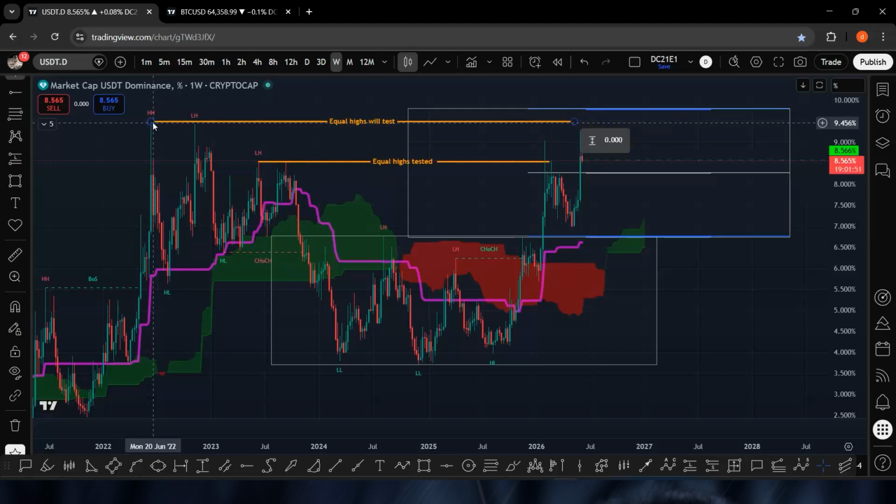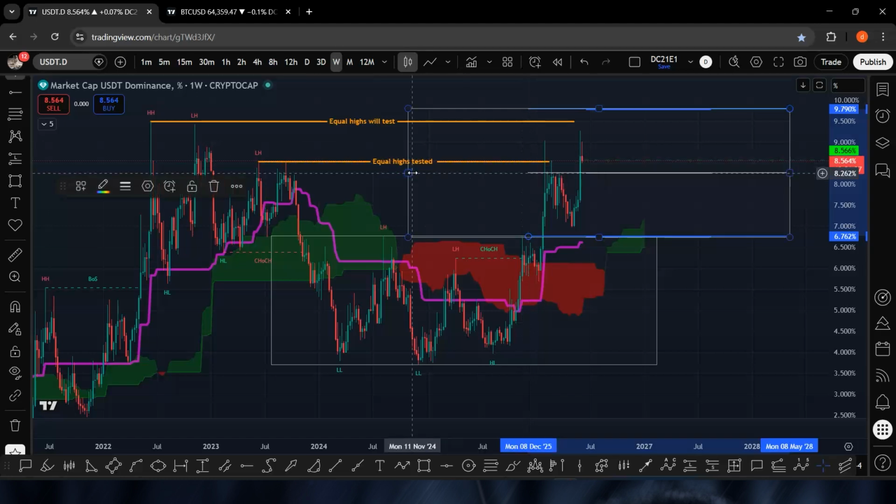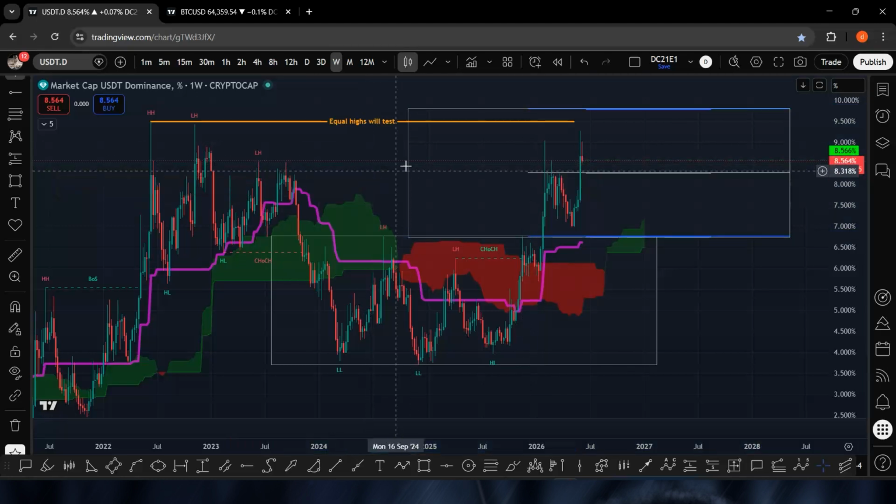Okay, as you can see, there are equal highs here, and whenever you have equal highs, you know that above it there is a lot of liquidity sitting to be hunted by the big whales. Okay, we had equal highs here, and as you can see, the chart went up and hunted that liquidity, so this is not important for us anymore.